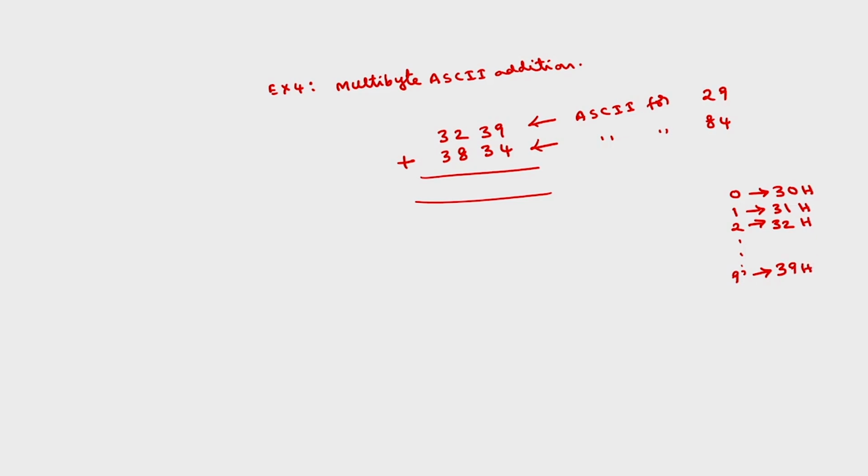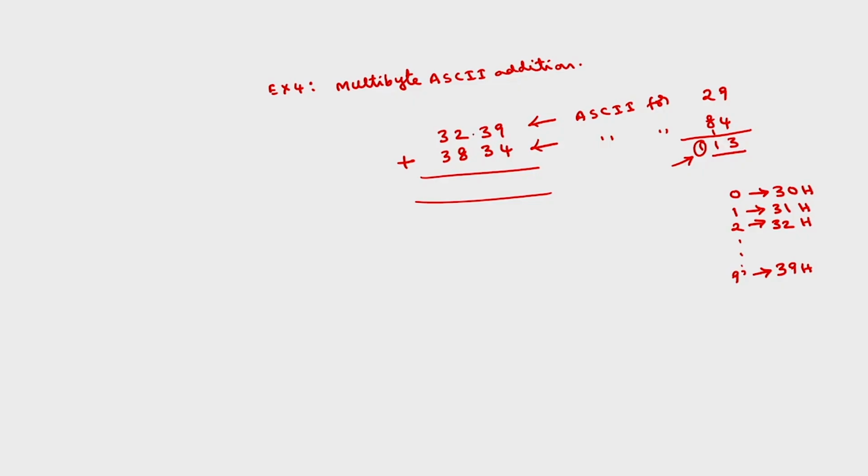The actual addition will be 29 plus 84, which should be 113, where 1 is the carry. So, the correct expected result will be 13 in ASCII.